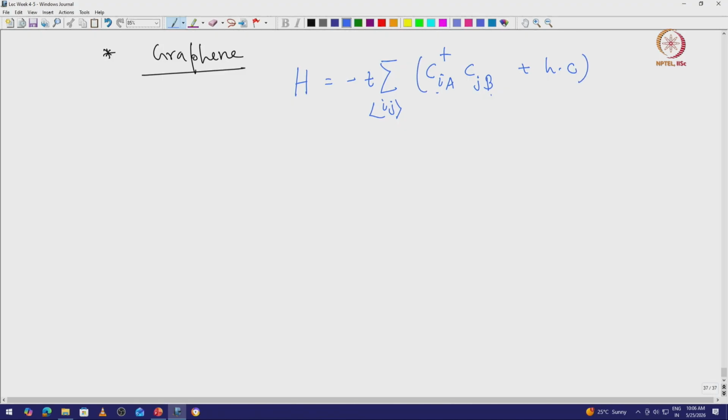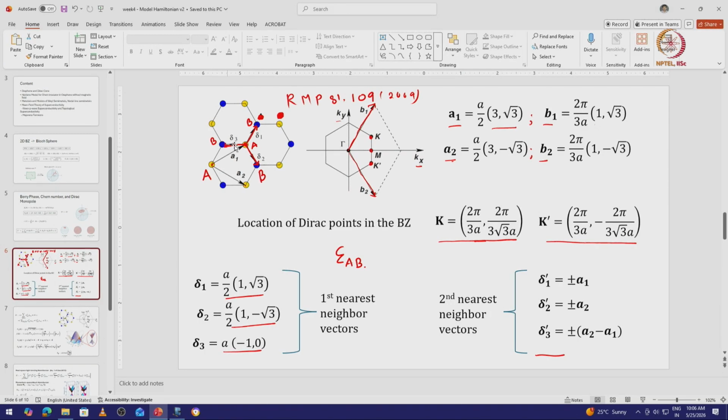Right now I am not including the second nearest neighbor, which would be hopping from A site to A site and B site to B site. We will include it later. Right now I am interested in getting the off diagonal term in the form that we wanted.